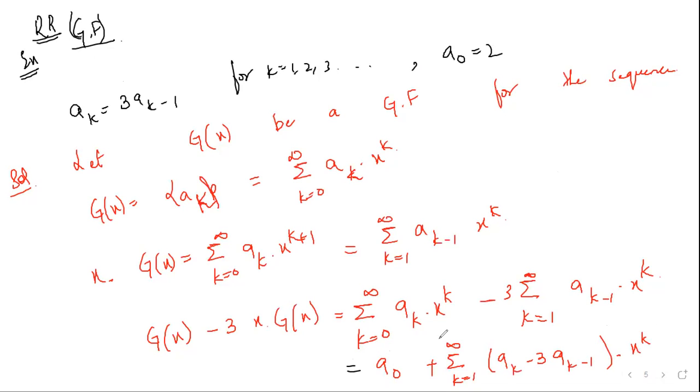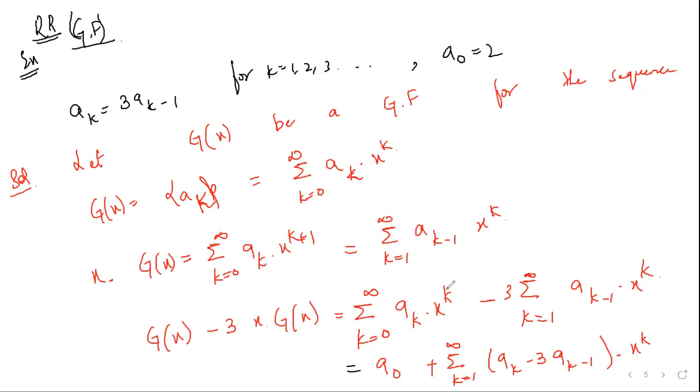Okay. For this step, I'll just explain it once again. I want to take x power k common. For that reason, I made this notation also from k is equal to 1 to infinity. To make it k is equal to 1 to infinity, I substituted k is equal to 0 here. When I substitute k is equal to 0 over here, I get simply a naught. A naught plus the sum from k is equal to 1 to infinity of ak x power k can be written as it is.